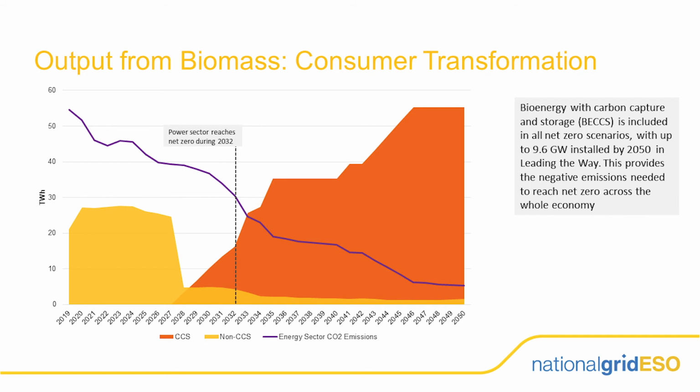The BECCS output continues to increase to offset emissions, and we see by 2050 there's substantial negative emissions from the power sector. Our assumption on limited bioresources restricts us from achieving further negative emissions.